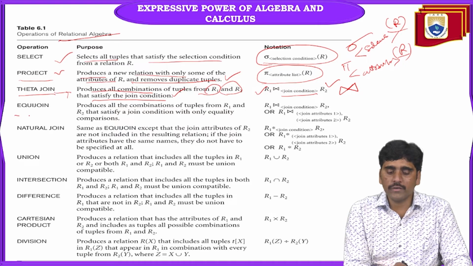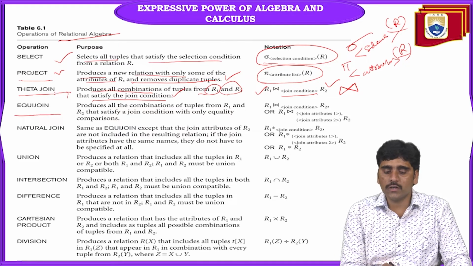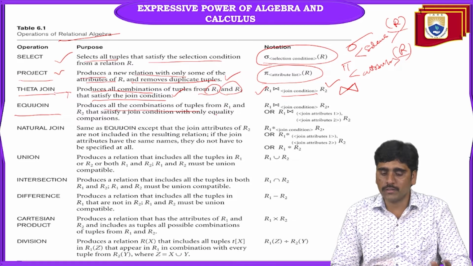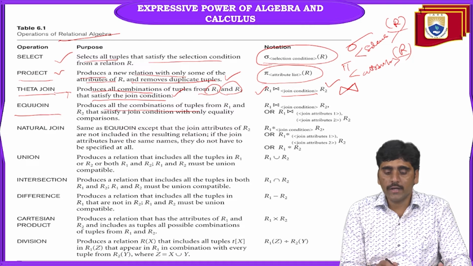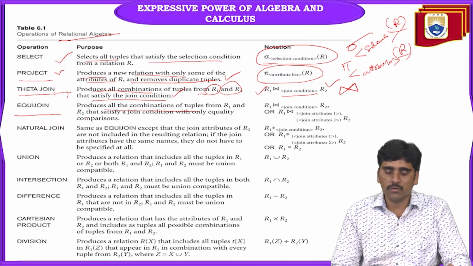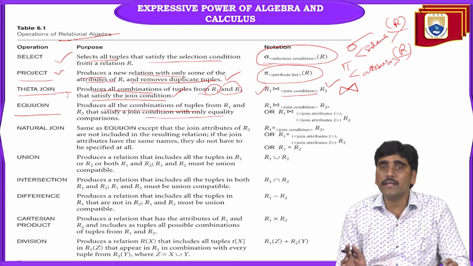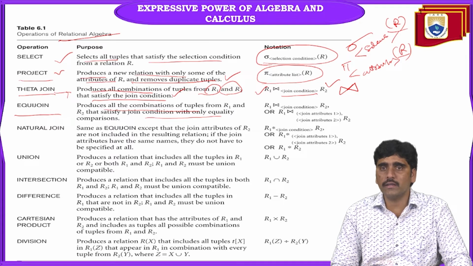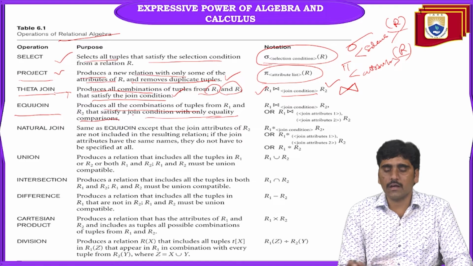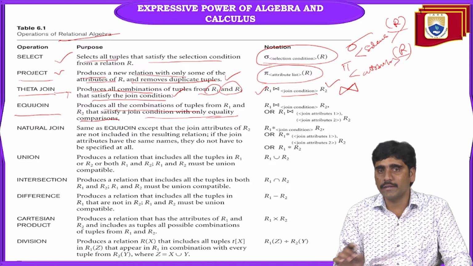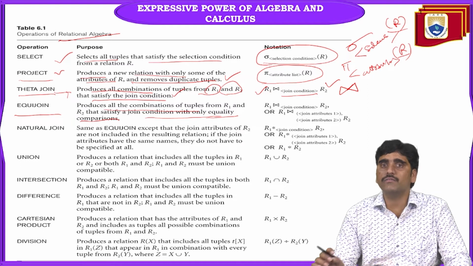Next one, equi-join. Equi-join also produces all the combinations of tuples from R1, that is table 1, and table 2, that satisfy a join condition with only equality comparisons. It uses the equal operator along with the condition, so it is said to be equi-join.